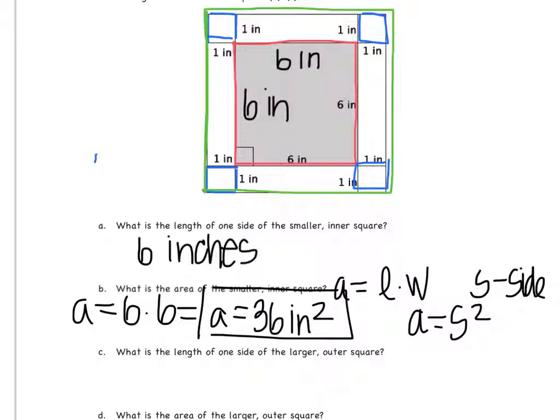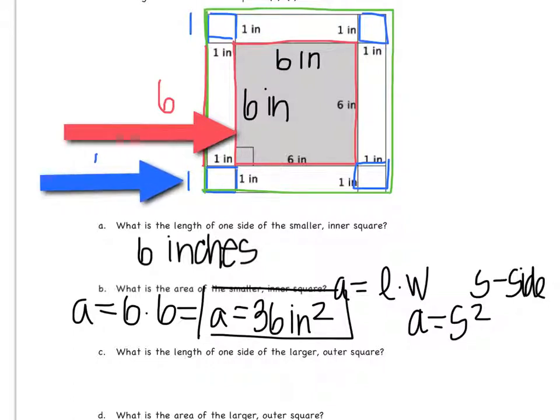If I look, I know that this part of my square is 6 inches because that part's 6 inches. I know that this part of my square is 1 and 1 because the inside part of that square is 1.